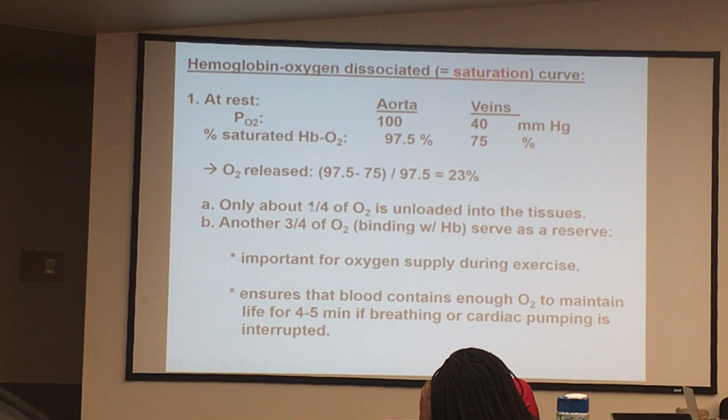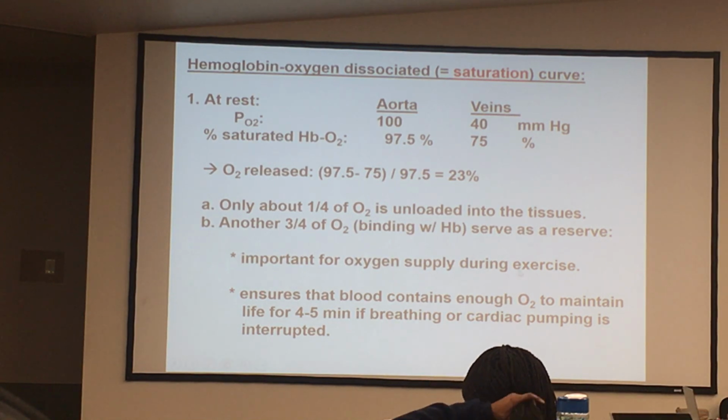So only a quarter of oxygen is unloaded and sent to the tissue, and the other three quarters, or 75%, is still kept, and we call it reserve.